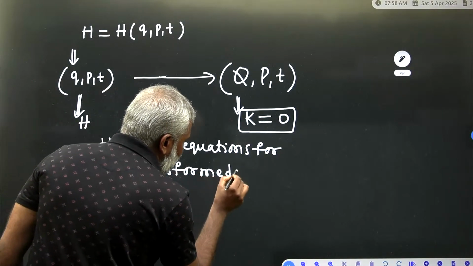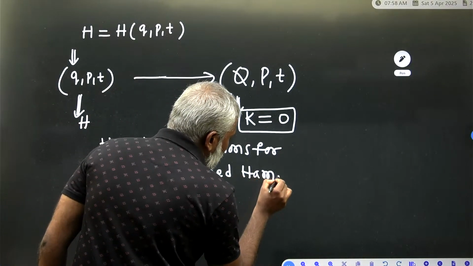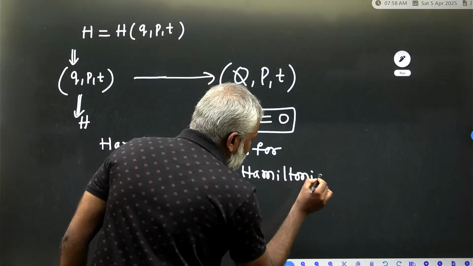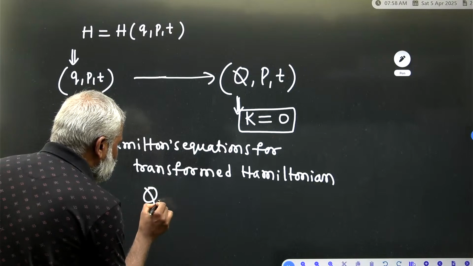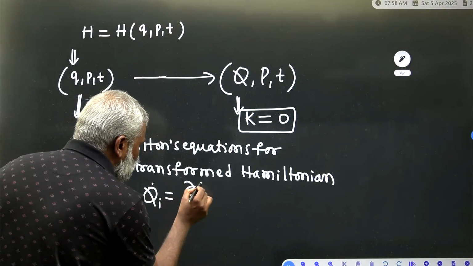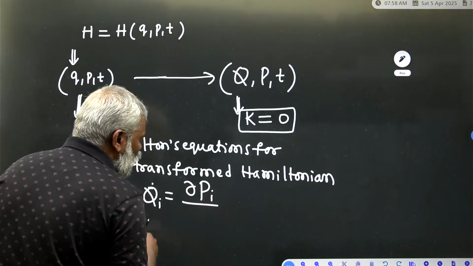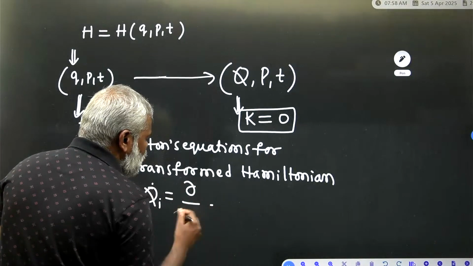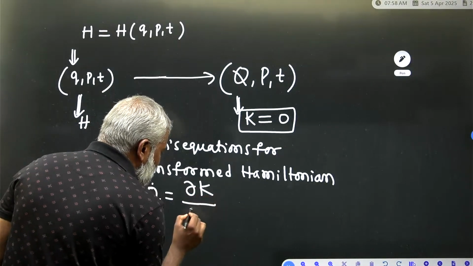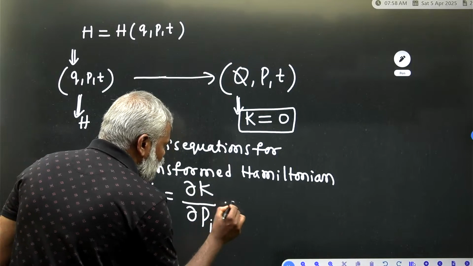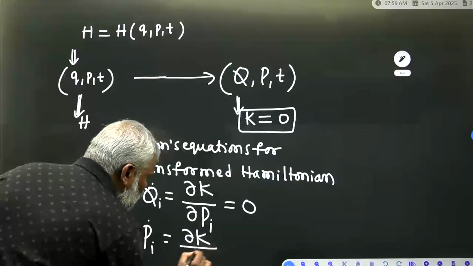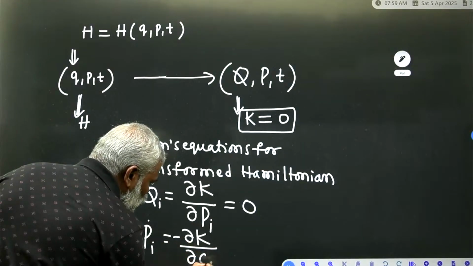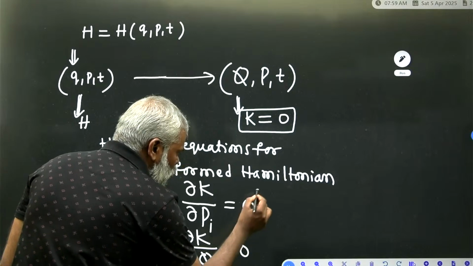The Hamilton's equations for the transformed Hamiltonian are: Qi dot is equal to ∂K/∂Pi, which is 0, and Pi dot is equal to −∂K/∂Qi, which is also equal to 0.